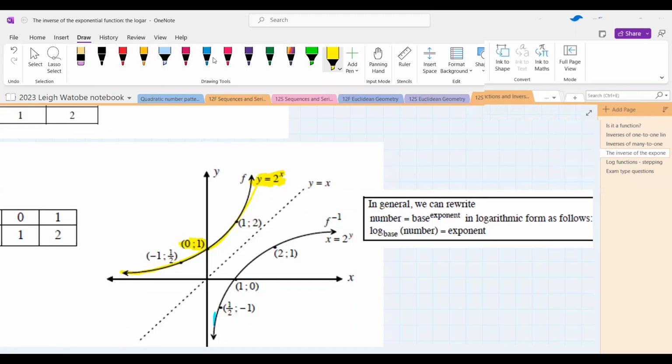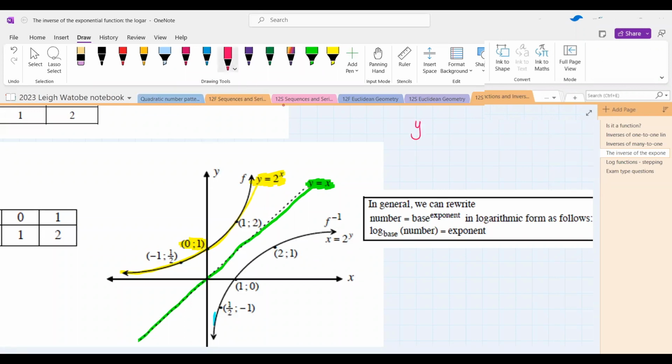What I'm going to do now is create the inverse, the logarithmic function, by reflecting this graph over the line y equals x, which I'm highlighting in green. Remember, when I do an inverse, it's the same as switching the x and the y around.